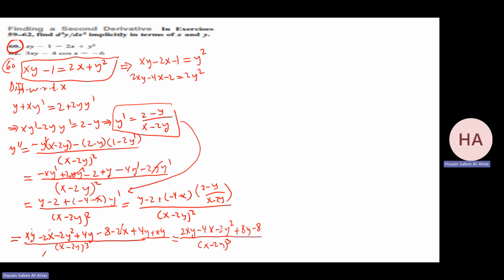Do the multiplication: minus xy prime plus 2y prime minus 2 plus y, minus 2 plus we are done, minus y times 1. From where I get 4, I don't know. This will be 1.